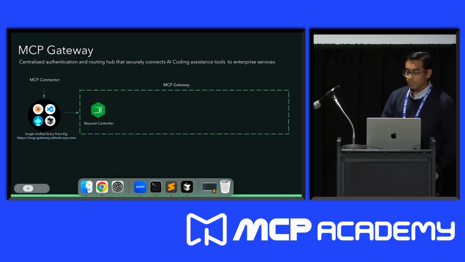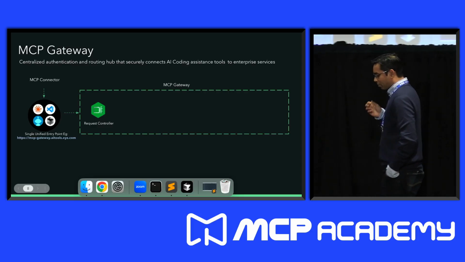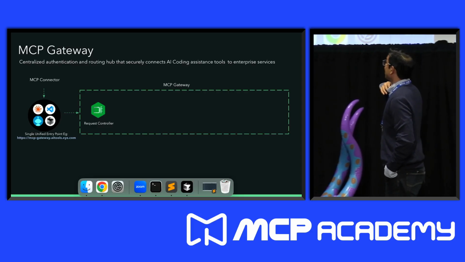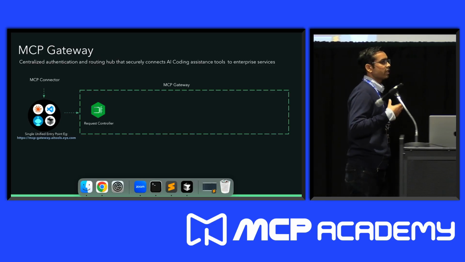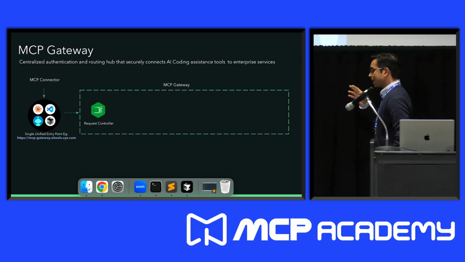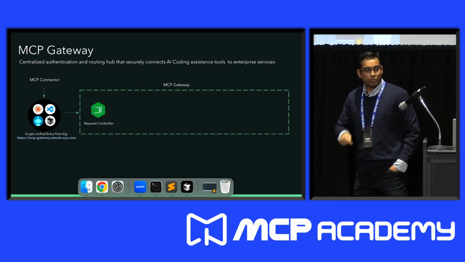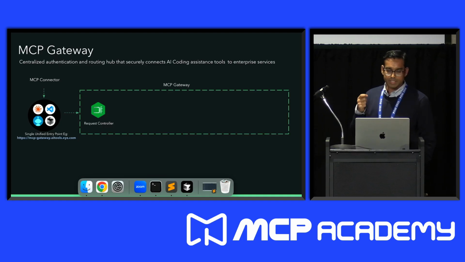First is the request controller. Let's take an example. Imagine you're trying to access the list of repositories from Artifactory. You submit your tool request saying, hey, list repositories. The moment that request comes in, the request controller receives it in JSON format.